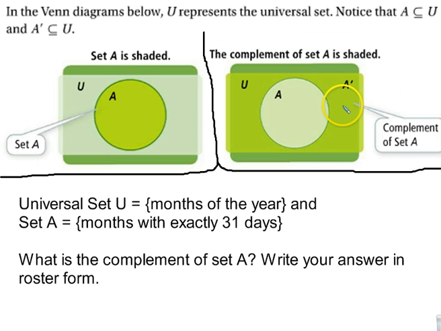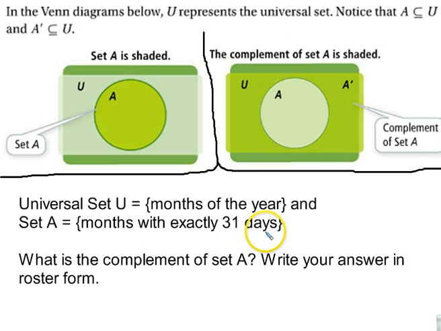So what we're trying to do is find the opposites. Okay, the ones that go against what we're asking for. So let's look at this example. The universal set U equals the months of the year, and set A equals the months with exactly 31 days.